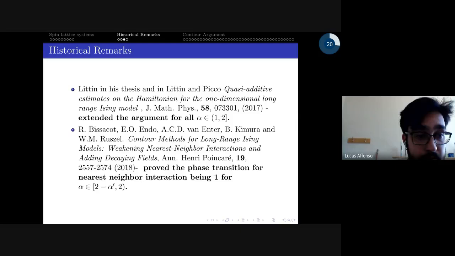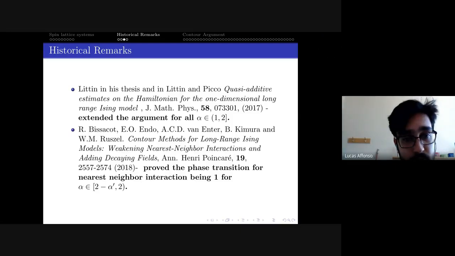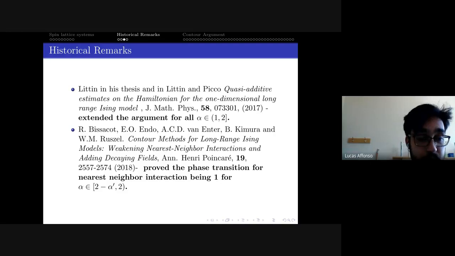And after that, we have a result by Bissacot, Endo, van Enter, Kimura, and Ruszel, where they proved the phase transition with the nearest neighbor interaction being 1, so it doesn't need to be large, but it also has a restriction on the decay of the interaction. And they also studied the decay when the field is decaying. So this is all for one dimension.